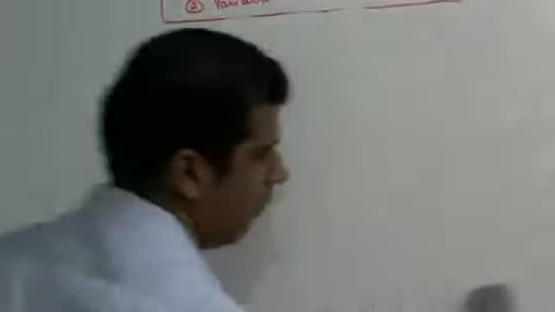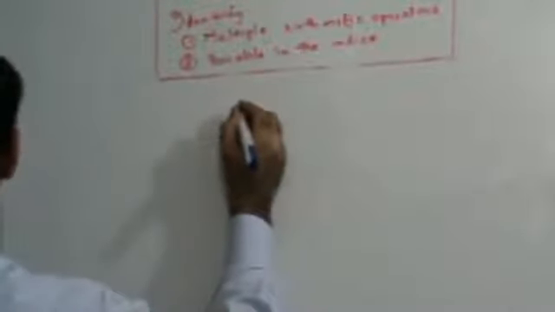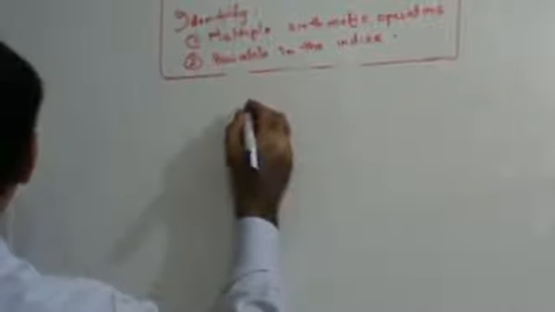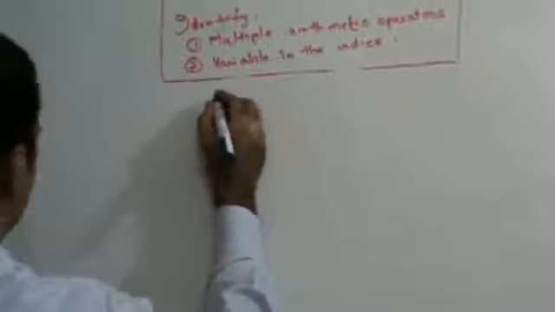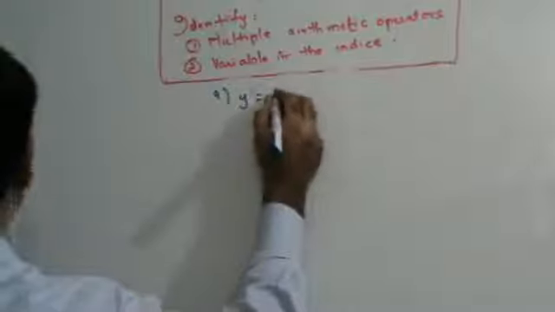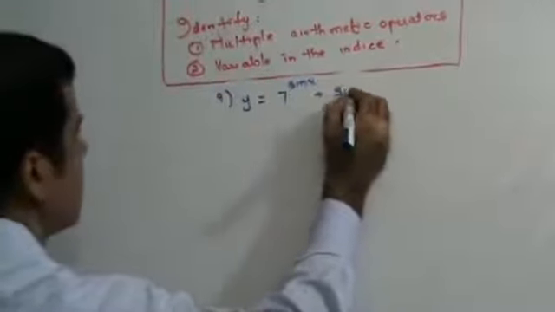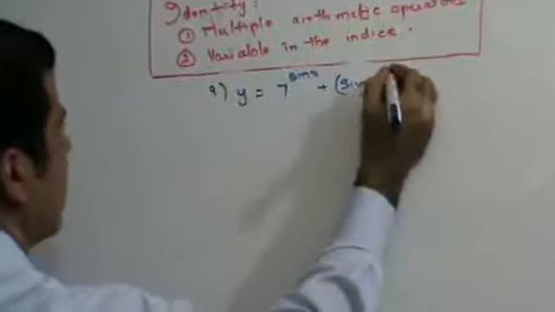Now so far you just had a variable in the indices, a single term. What if you get this in terms of algebraic equations? Suppose I had y is equal to 7 raised to sin x plus sin x raised to x.